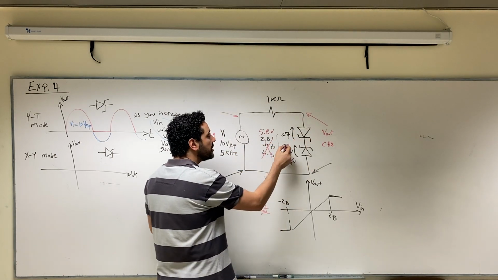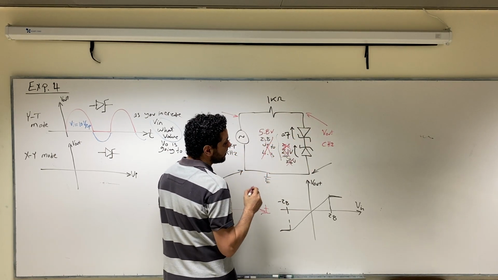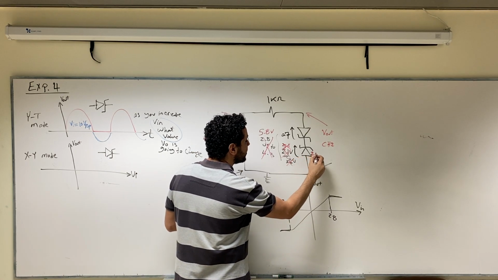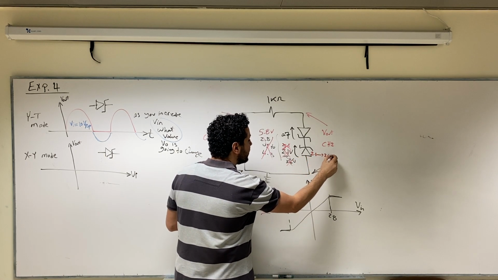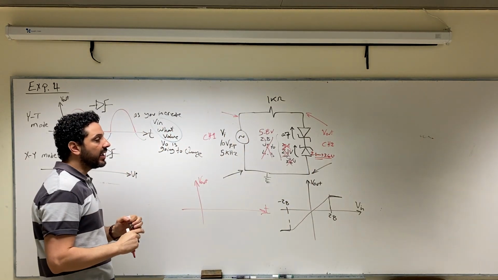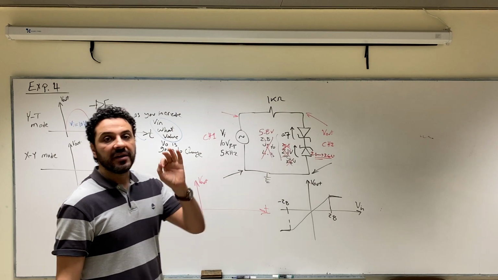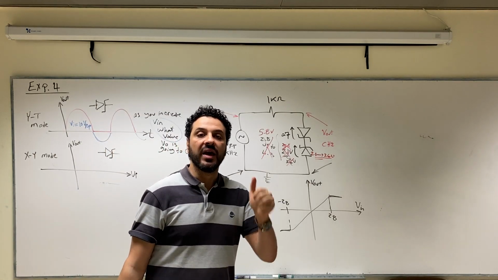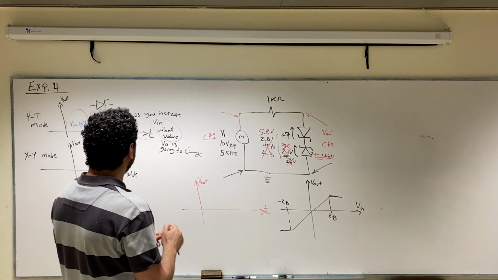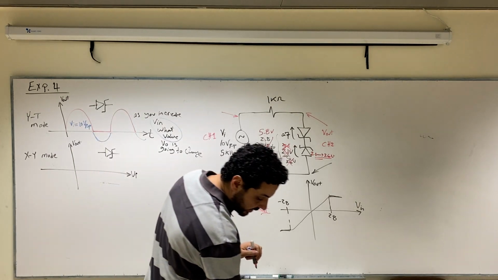That's why we don't use the 5.1 Zener diode, and we use the smaller Zener diode, which has a breakdown between 2.1 and 3.6 volt. Okay guys, so in total we have 3 circuits, 6 figures, and a truth table. This is what we need to do in our experiment today.